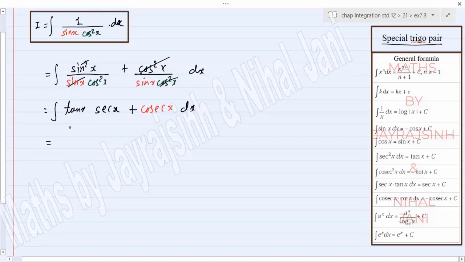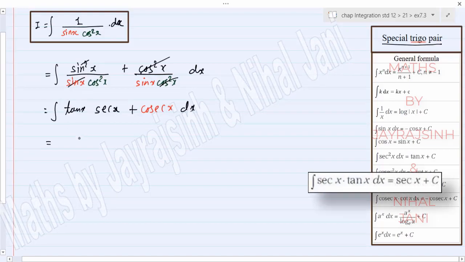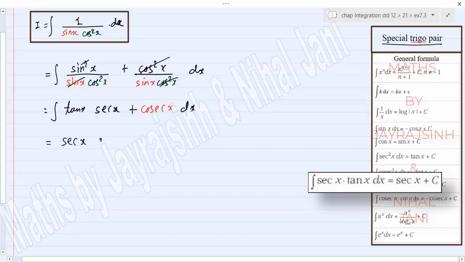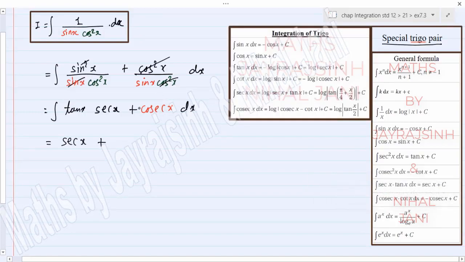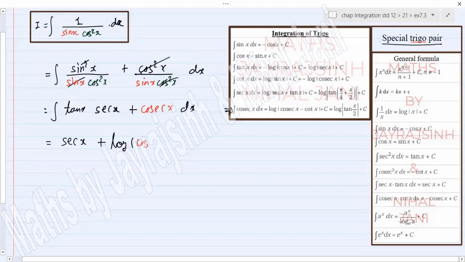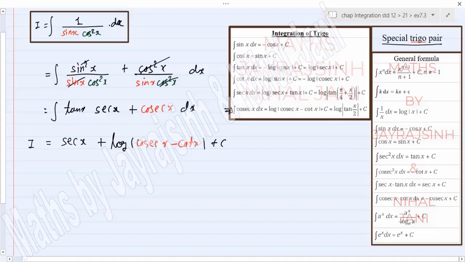So we are ready to integrate. Integration of tan x into sec x will be sec x plus, and to integrate cosec x, we can say log mod cosec x minus cot x, plus c. Here we have our final answer. Ta-da!